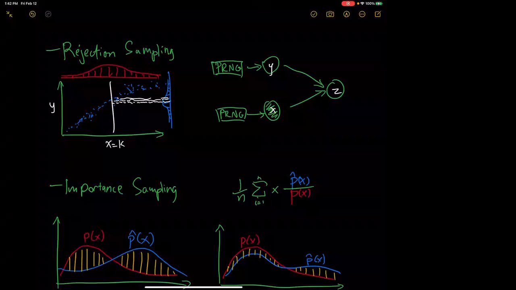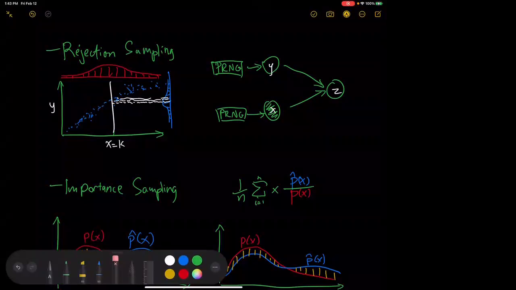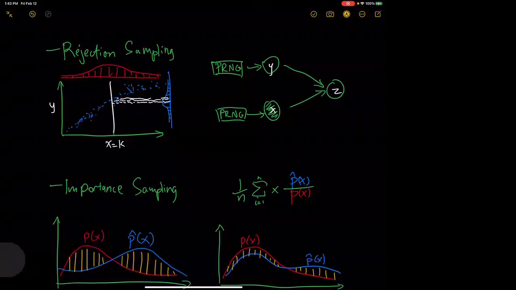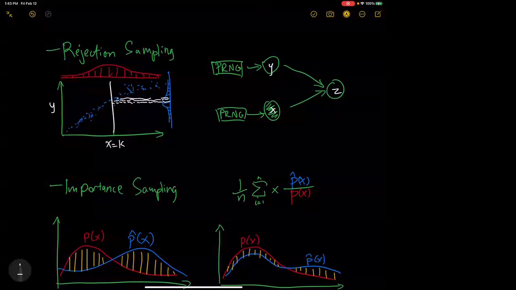Then, if we set one of the dimensions, so we observe this x here, then we'd like to be able to estimate what this distribution is. And one way to do that is just to simulate or to sample from the joint distribution, and then throw away everything that is not equal to this setting of the variable.